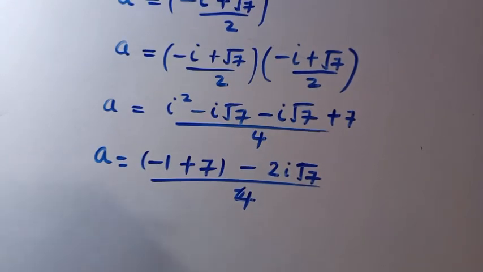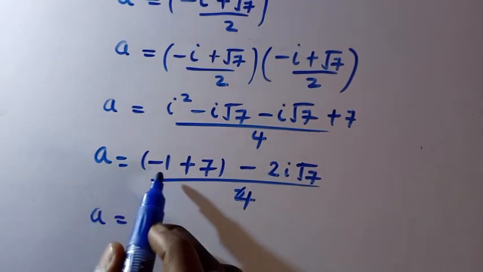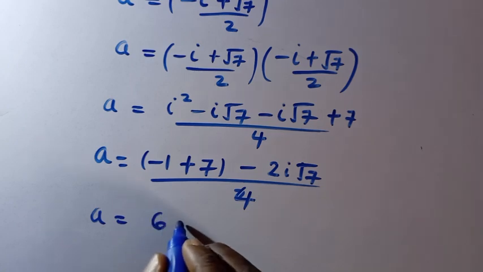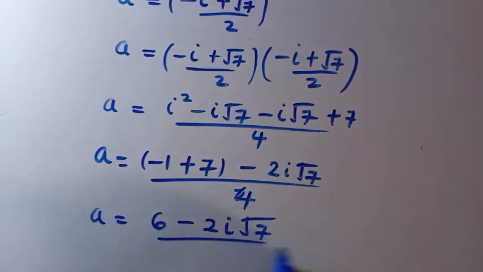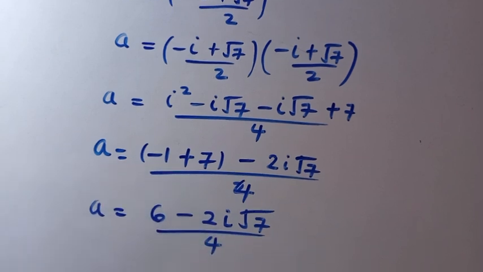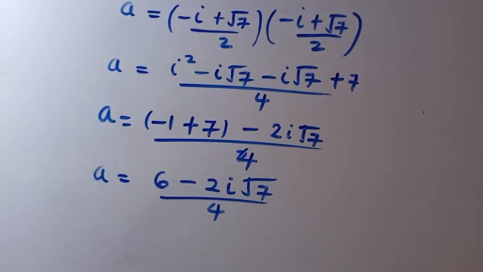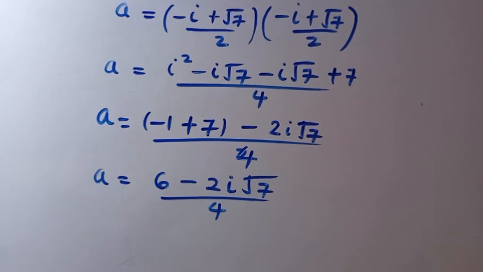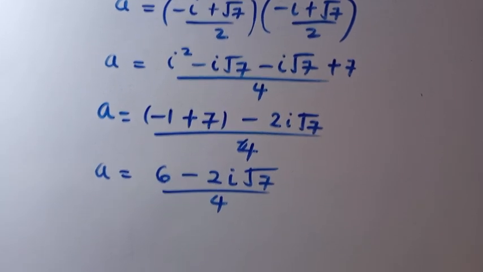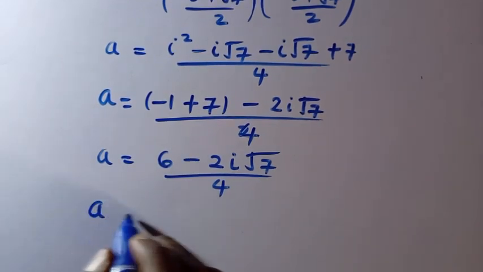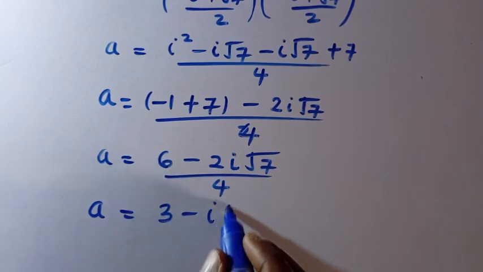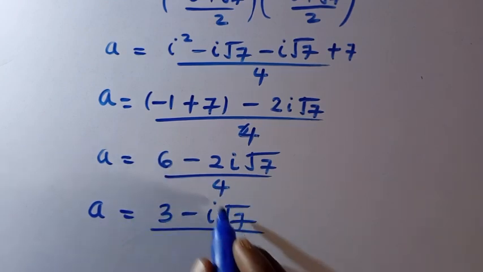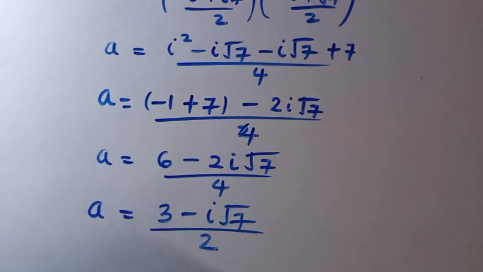So from here you can see that a equals minus 1 plus 7, that is 6, minus 2i root 7, divided by 4. So from here 2 will go into these. When 2 goes there, we have a equals 3 minus i root 7 divided by 2. And here is the first value of a.